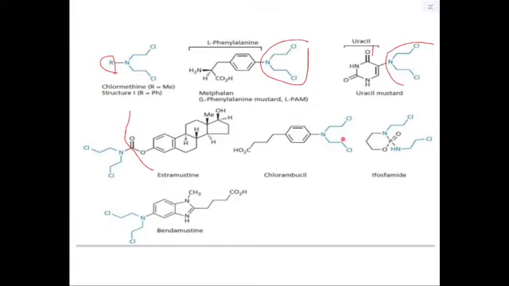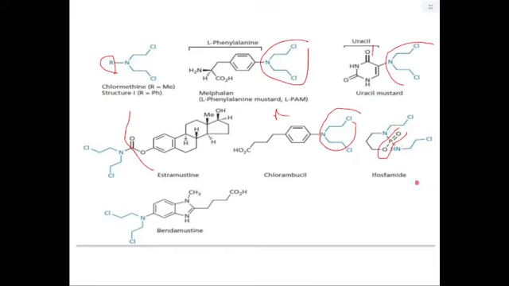You have chlorambucil, again maintaining the same there, and our R is phenyl butanoic acid, and that gives us chlorambucil. And then you have ifosfamide, where you can see there is a phosphate.